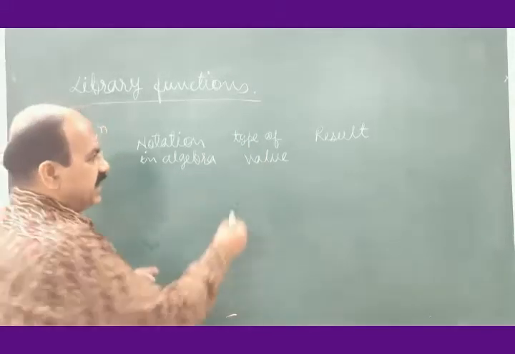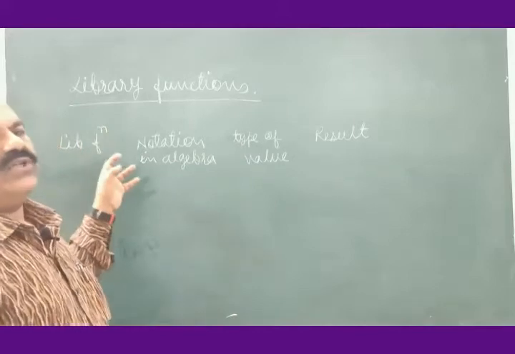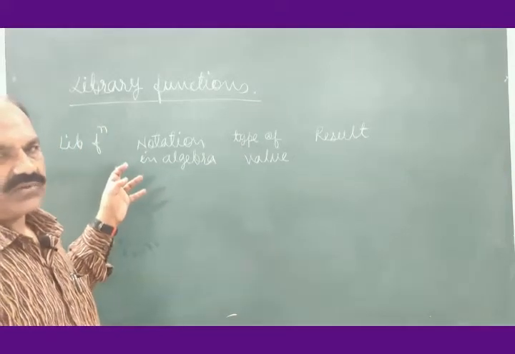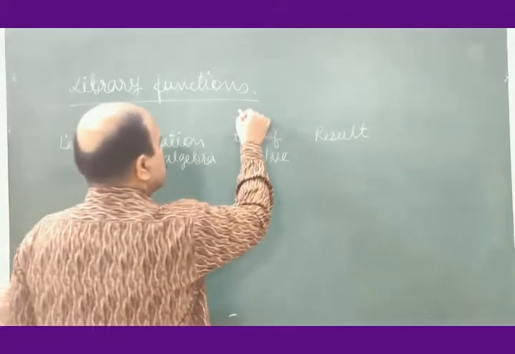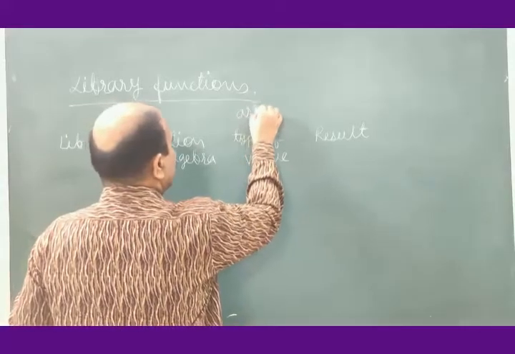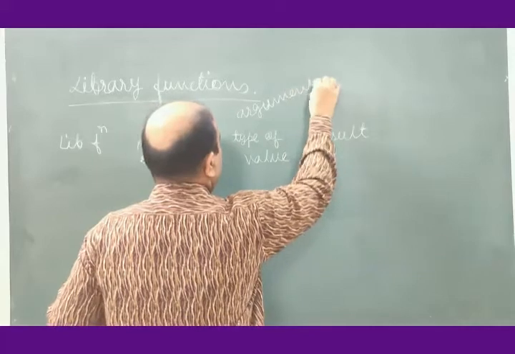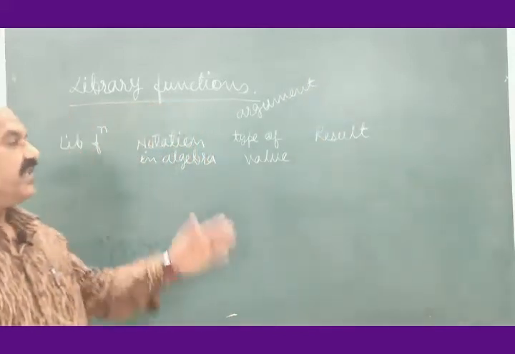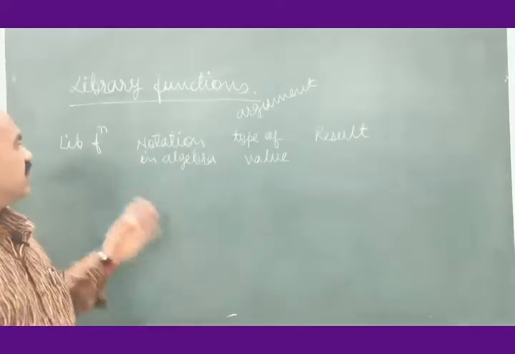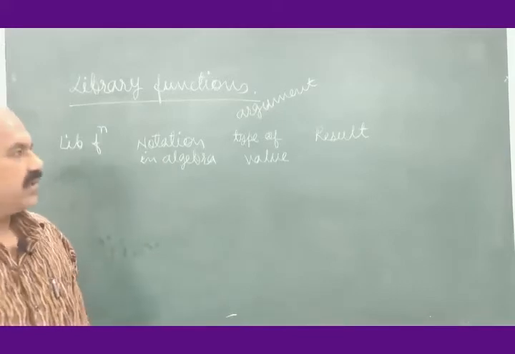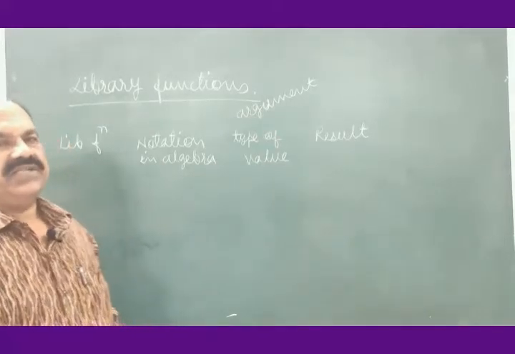The type of value you have to provide for the library function to work out is also known as argument. Argument is the type of value you need to provide for the function to work. And finally, a result.